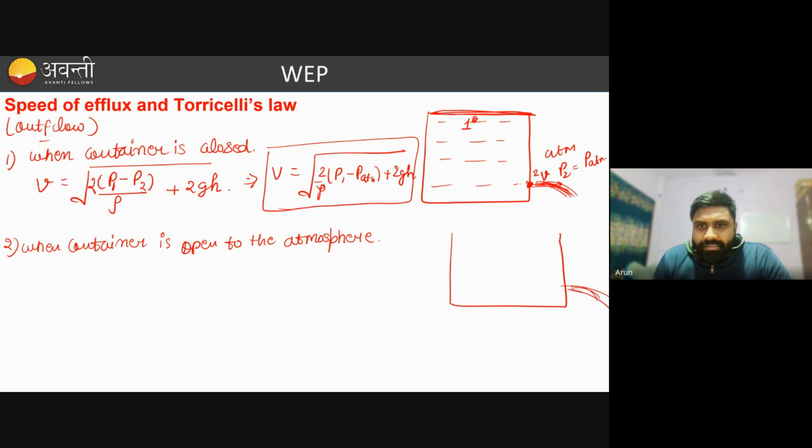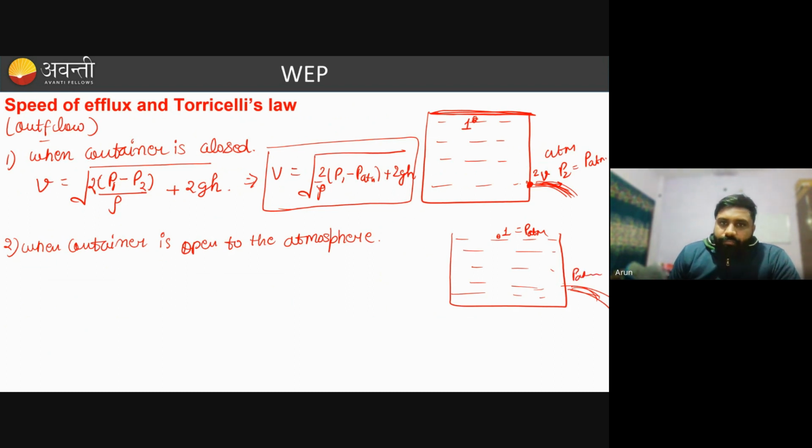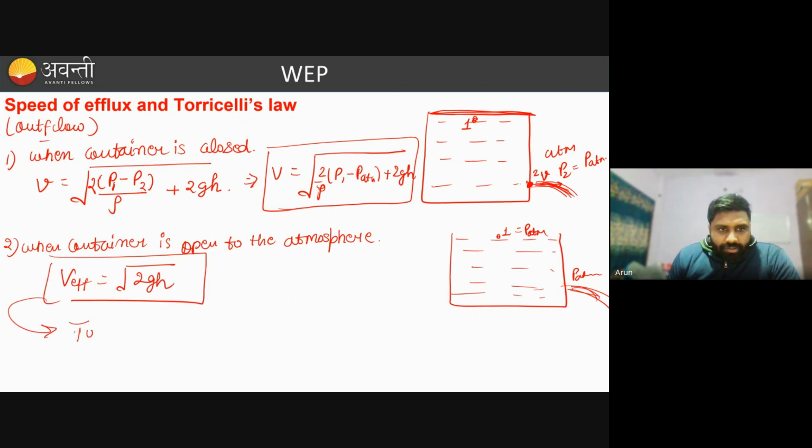The water is coming out here, and this point will feel the same pressure as that point because both are open to the atmosphere. So point 1 also becomes P atmospheric, and here we also have P atmospheric. If you put the value of P1 as P atmospheric, this term will vanish. So V effective you will have as the square root of 2gh, and this is nothing but Torricelli's law.